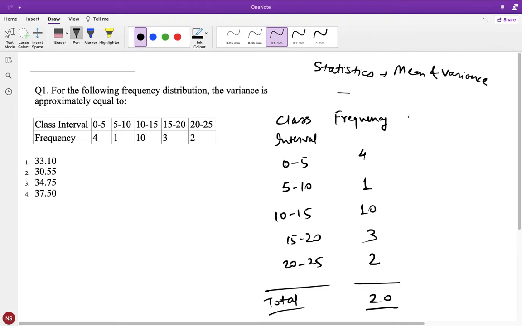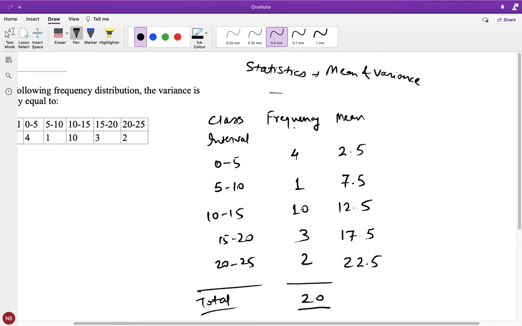So what I will do is I will take a mean of this interval. What is 0 to 5 mean? 0 plus 5 by 2 is 2.5. Similarly 7.5, 10 plus 15 by 2, 12.5, 17.5, this will be 22.5.